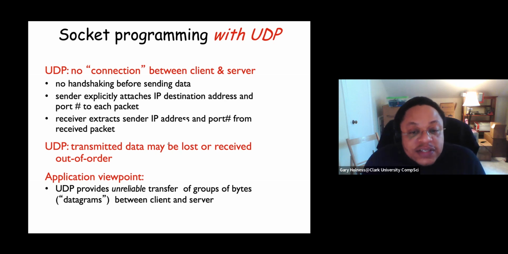And because there's no handshaking, no establishment of resources for UDP communication, you have to attach an IP address and a port number for every packet. But with TCP, once the server answers, yes, I'm able to communicate reliably, you don't have to send that information on every single datagram. You just write into the socket, and the runtime for TCP handles the rest for you.